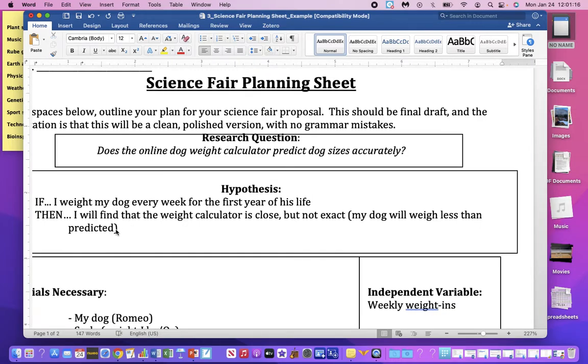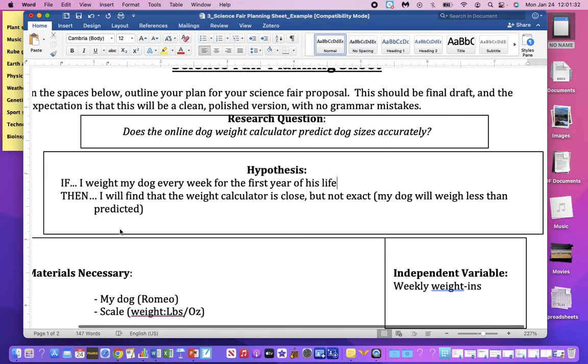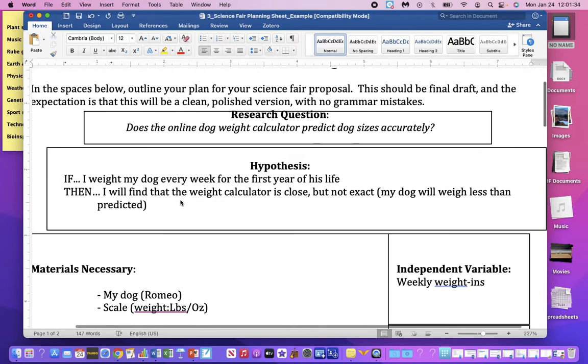My dog is almost 9 months old, and he's at almost 79 pounds. And so they predicted him at being 110 pounds at his adult weight, which I don't think he's going to be that big. That's a big dog. I just don't think he's going to be quite that big. So that's my hypothesis, okay?